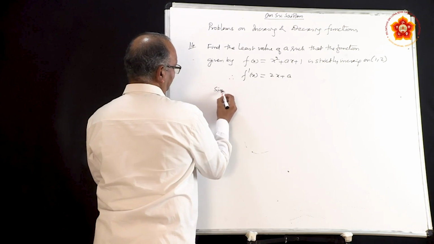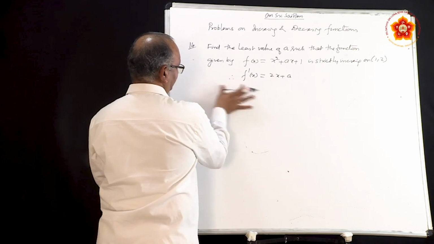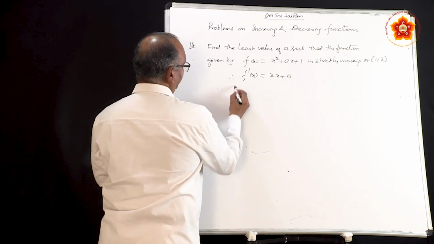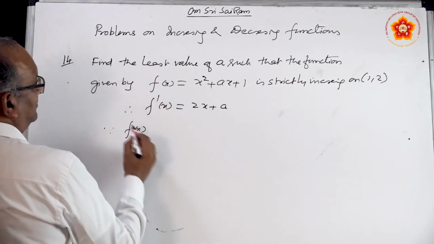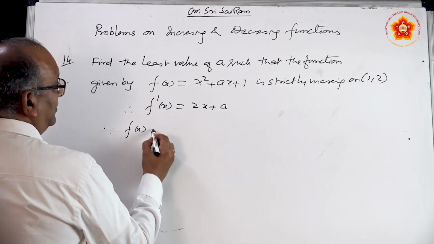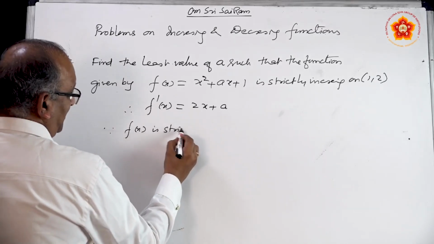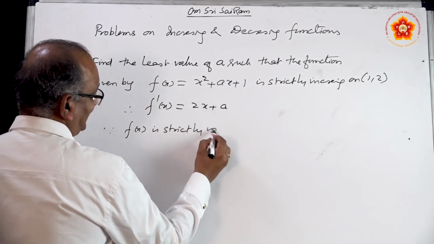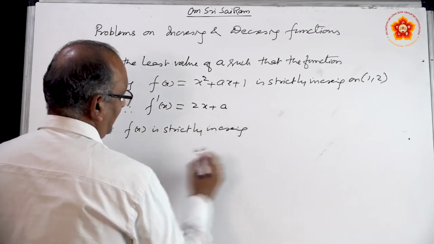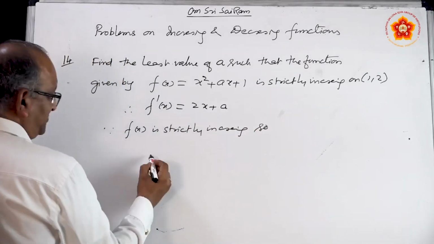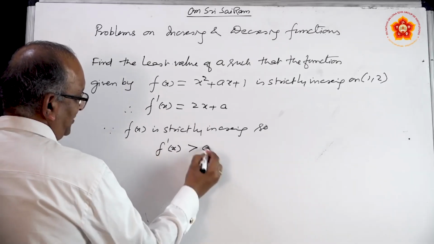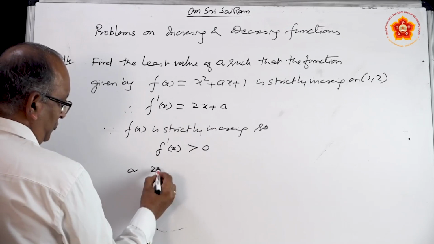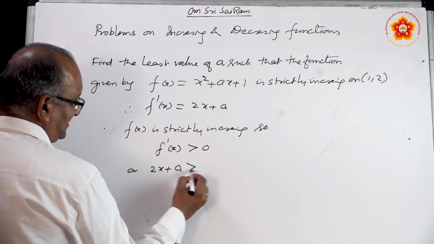Since f x is strictly increasing, so conclusion is what? f dash x is greater than 0, or 2x plus a is greater than 0.